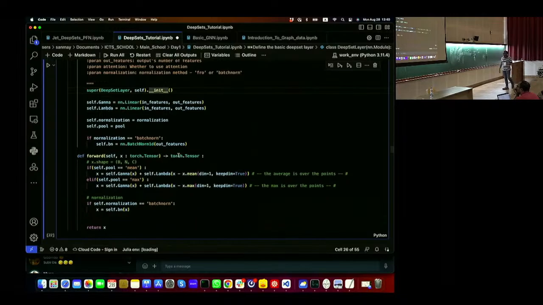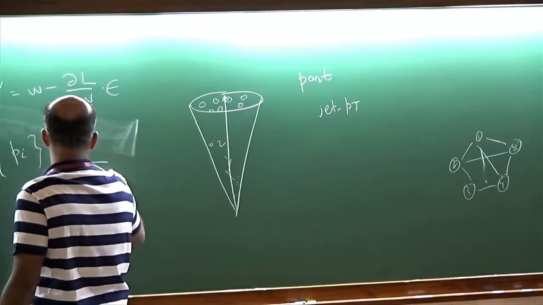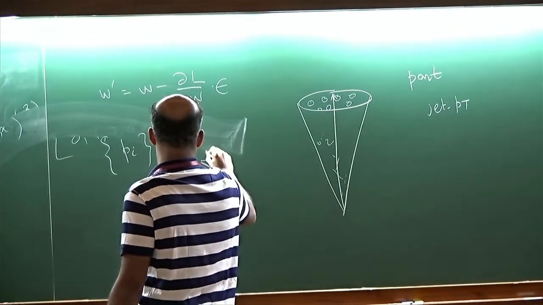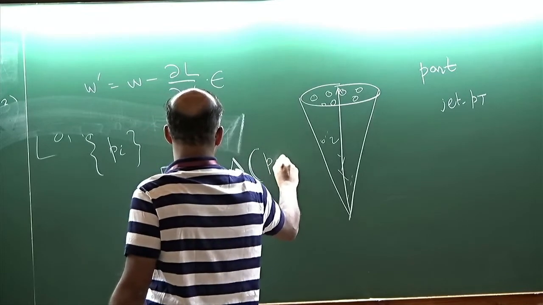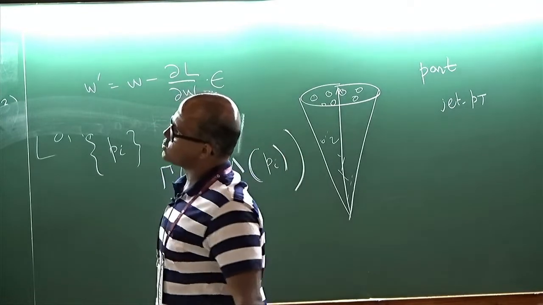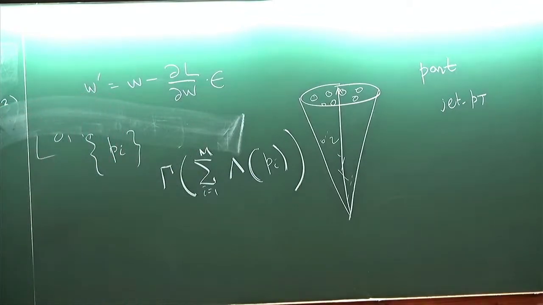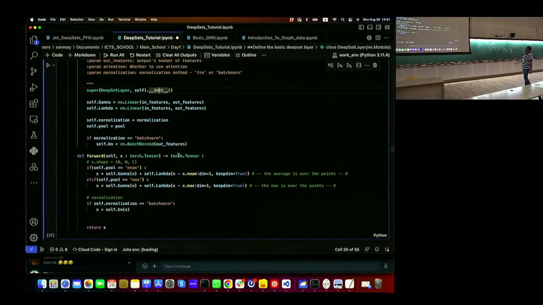So if you have a set Pi, using the same definition, you can do a gamma on the sum over i from 1 to m of lambda on Pi. How should it be done? Almost everything is there, but be careful that instead of equivariant, this is invariant.